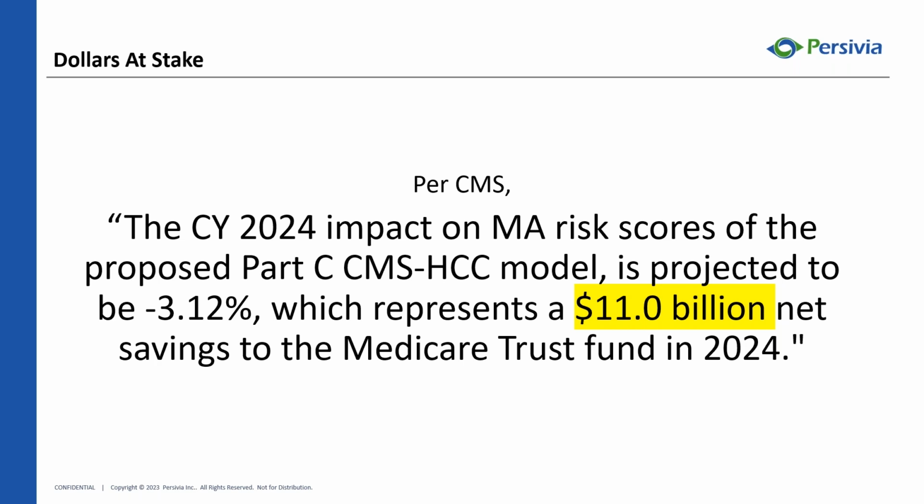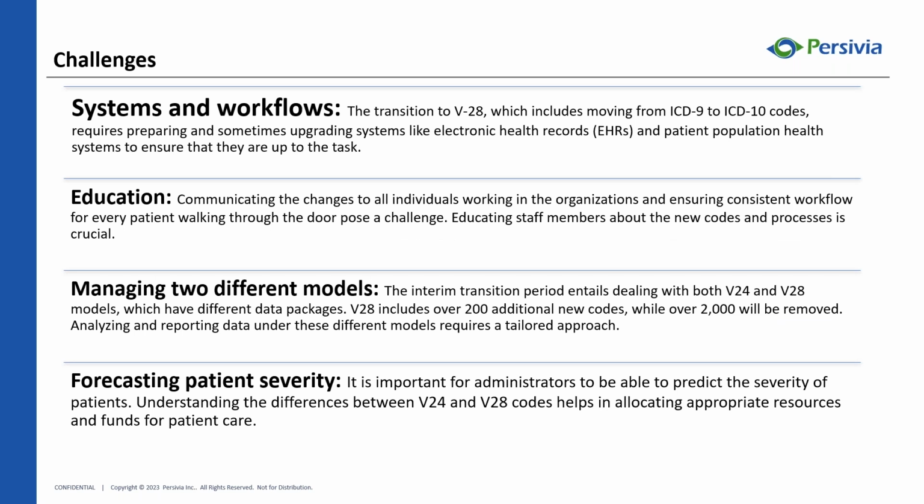I want to share with you that there is intended to be an impact. Based on coverage year 2024, CMS is projecting a decrease of 3.12%. That represents about 11 billion in net savings to the Medicare Trust Fund in 2024. Now, I know a lot of folks, when they see that number, there's cause for concern. We don't want to go forward yet, so go ahead and go back.